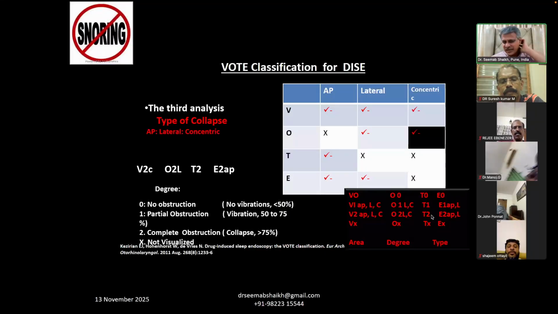That is not very objective, it's very subjective. But this kind of reporting makes it very objective. And at the same time, it also tells me, for example, if it's a V2C, I know it's a velum complete concentric collapse.